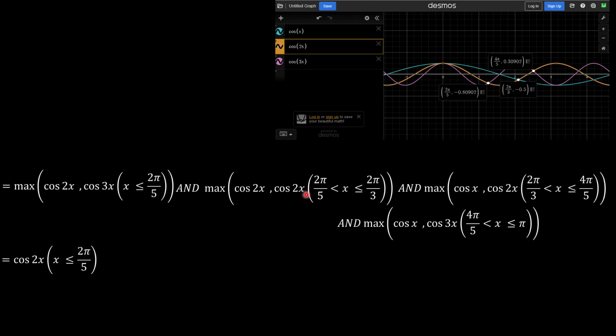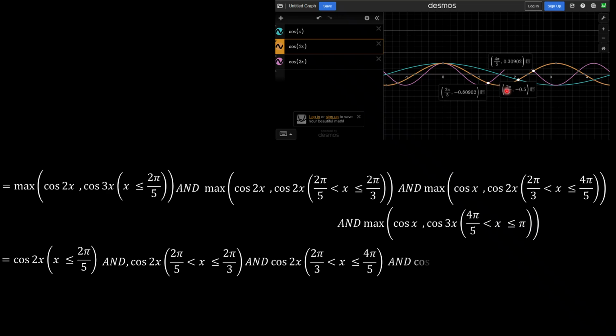And then between 2 pi over 3 and 4 pi over 5, the maximum between cosine x and cosine 2x, in this region here, we see cosine 2x is the maximum.